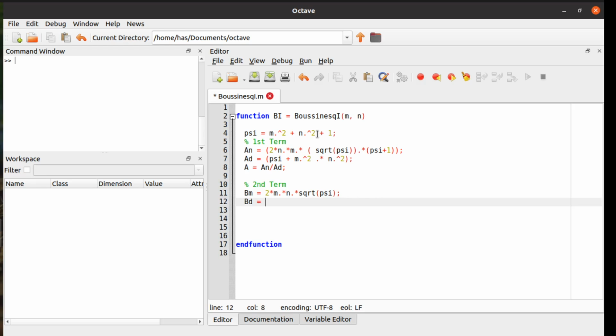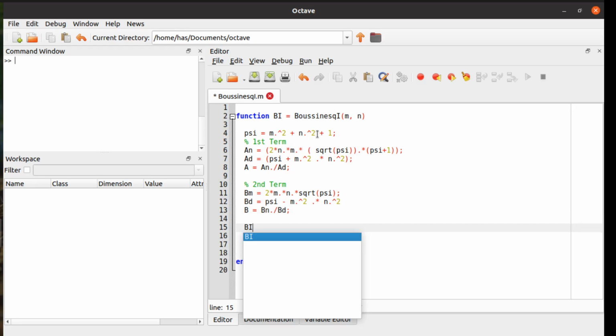B denominator equals psi minus m square, element-wise multiplication with n square. B equals b numerator, then element-wise division with b denominator. Let's make it element-wise as well.